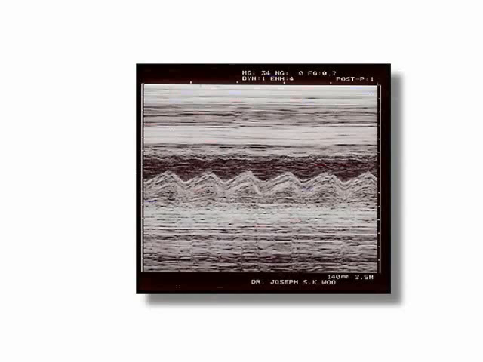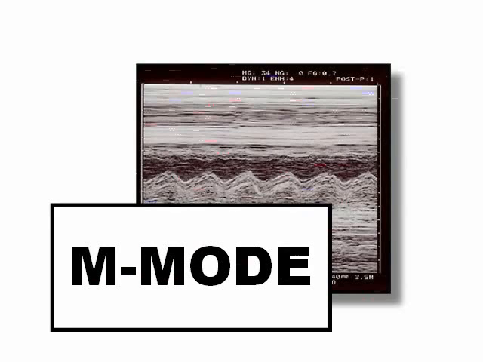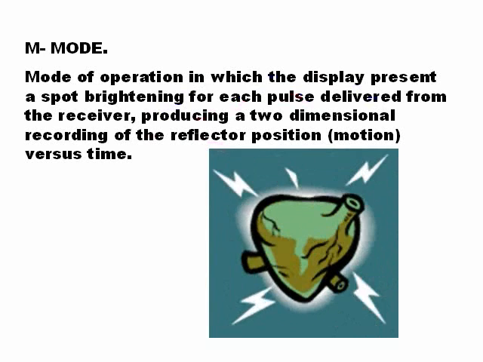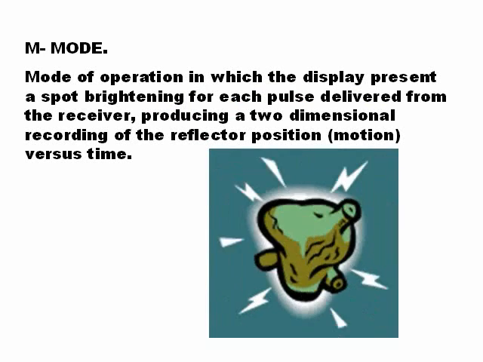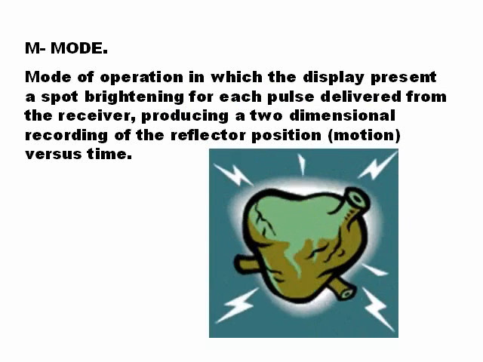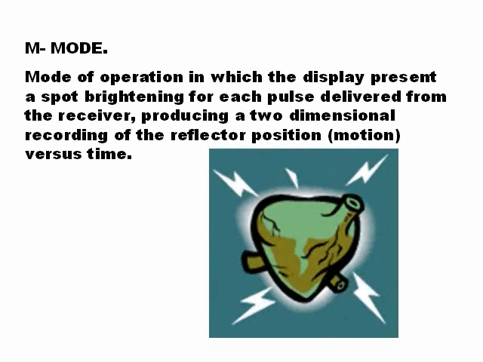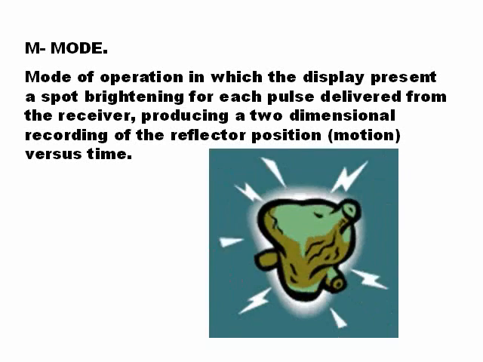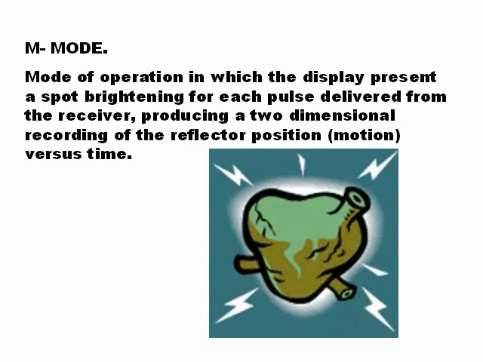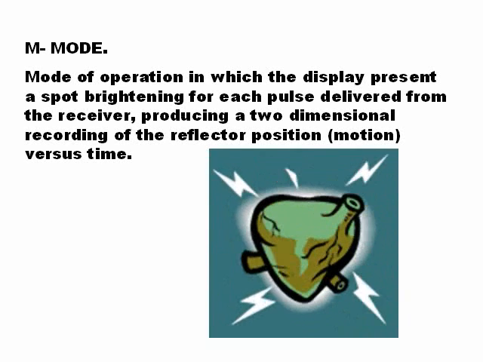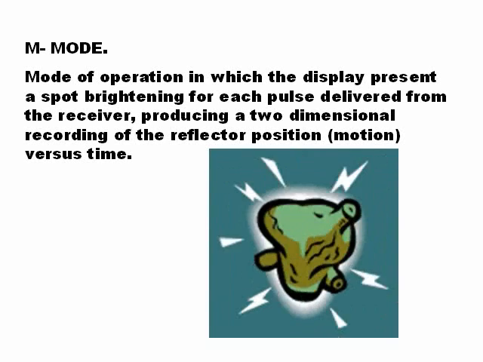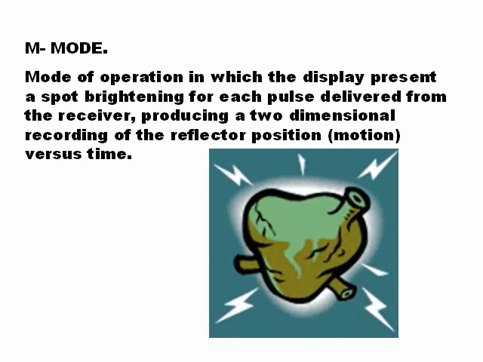M mode. M mode is the mode that we use in ultrasound, in general ultrasound, to measure heart beating. In echocardiography it has some use, but in general sonography we use M mode only to measure the heart beating of the fetus or embryo.